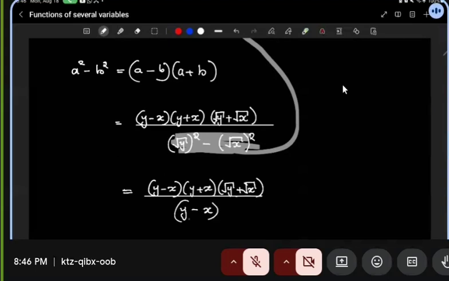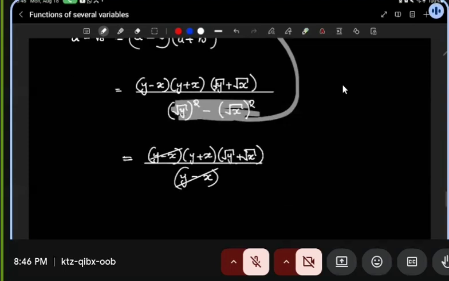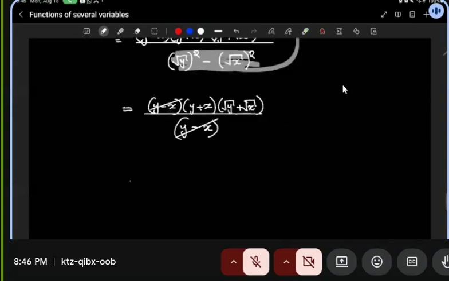Notice that now this y minus x and this y minus x get to cancel, eliminating that 0 which showed up in the denominator, because now my function reduces to y plus x multiplying root y plus root x.